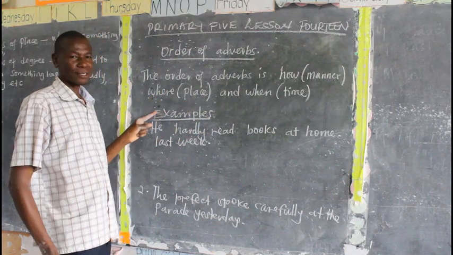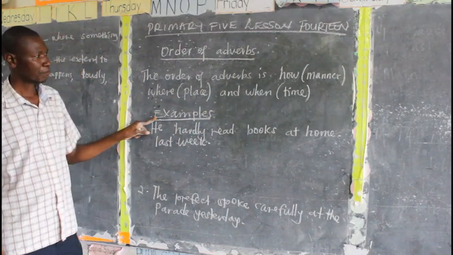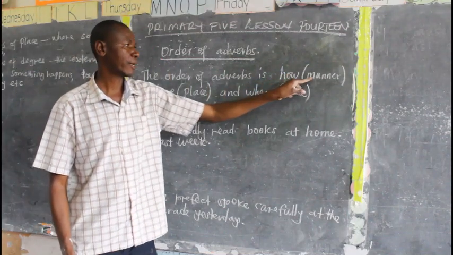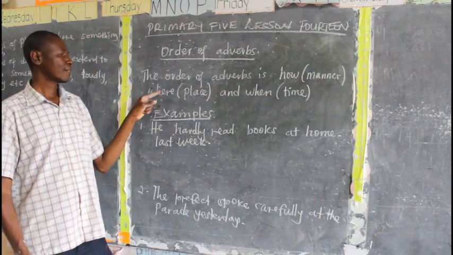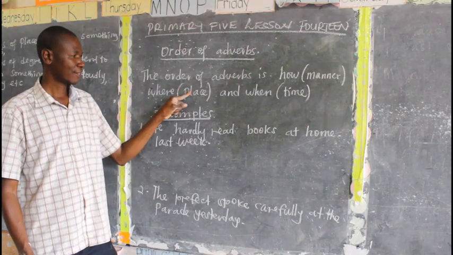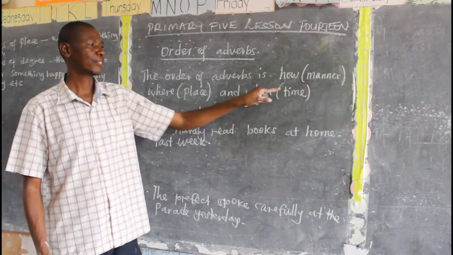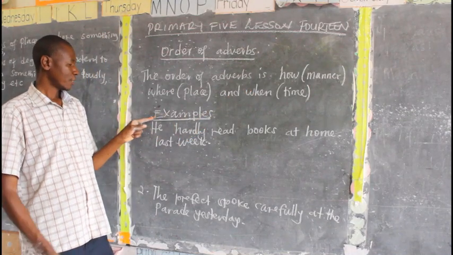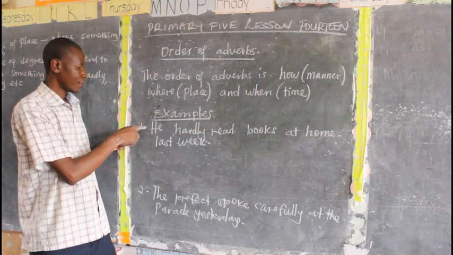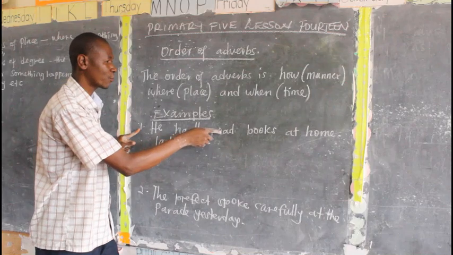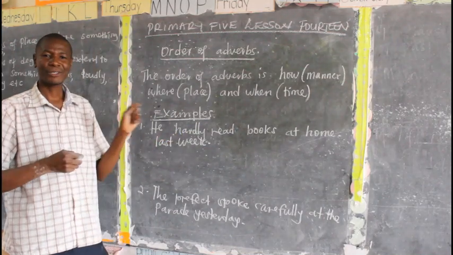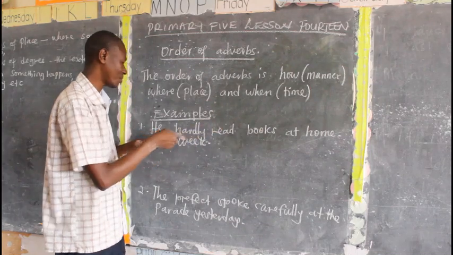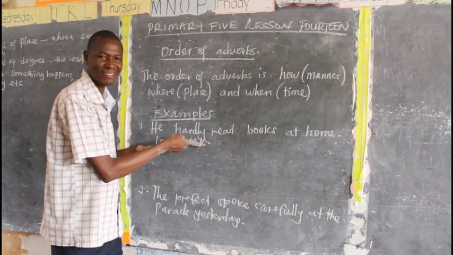We are going to look at some examples here. I've said the order of adverbs is how, that is manner. The second is where, that is place. And the last one is time, that is when. Example: he hardly read books at home last week.